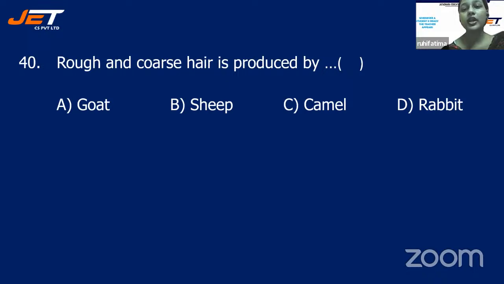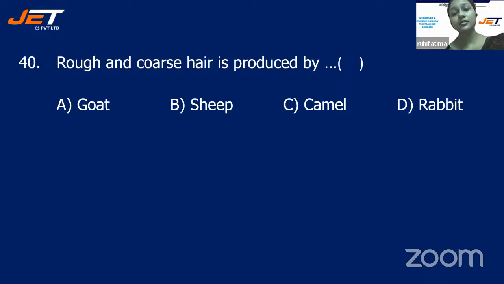Rough and coarse hair is produced by dash. It's A, goat, B, sheep, C, camel, and D, rabbit. Come on, students. This question is for you all. Okay, 30 seconds, and then we will discuss the answer. Okay, students, time up.